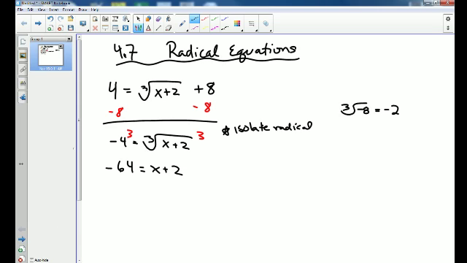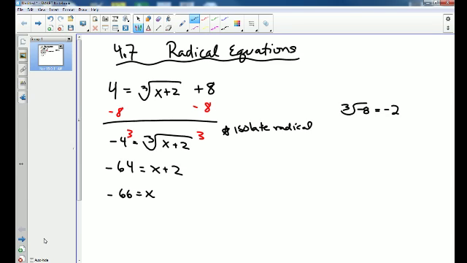So -66. So the key there: isolate, and then cube or square or do whatever you need to do to get rid of that radical. That's just your answer?